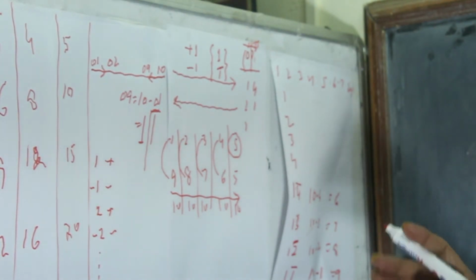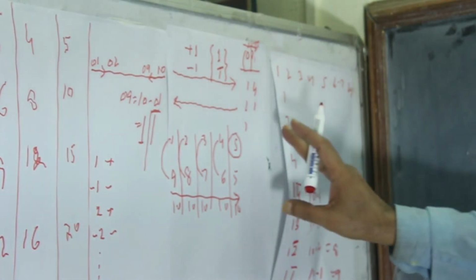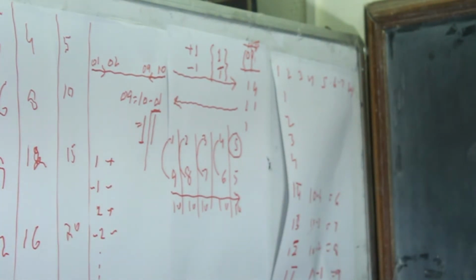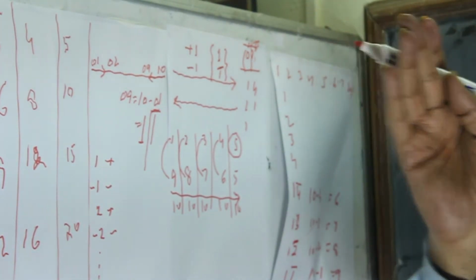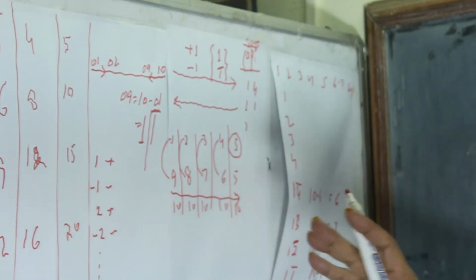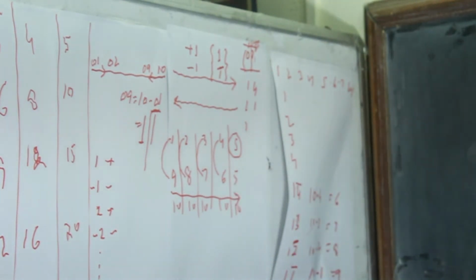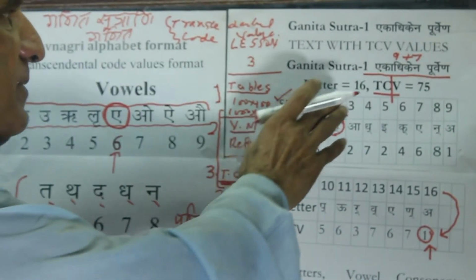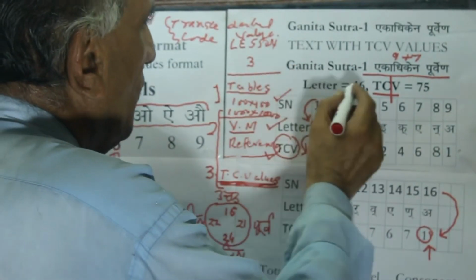Now I am intentionally stopping at some terms so that the rule of carry forward and rule of carry backward is to be applied. And we know, if we revisit the text of Ganita Sutra, it means one more than before.